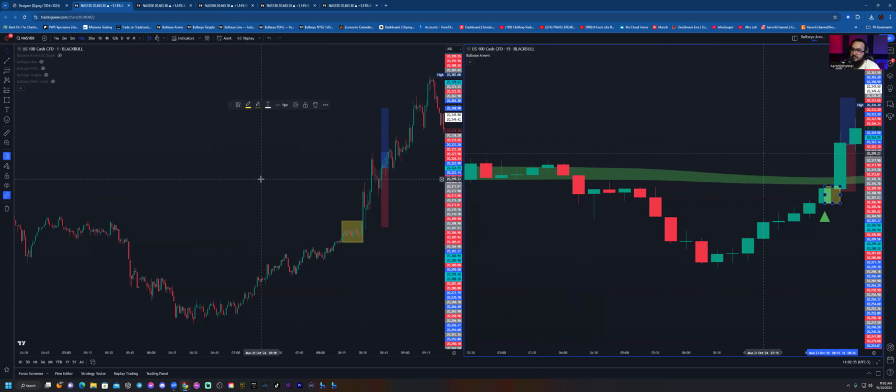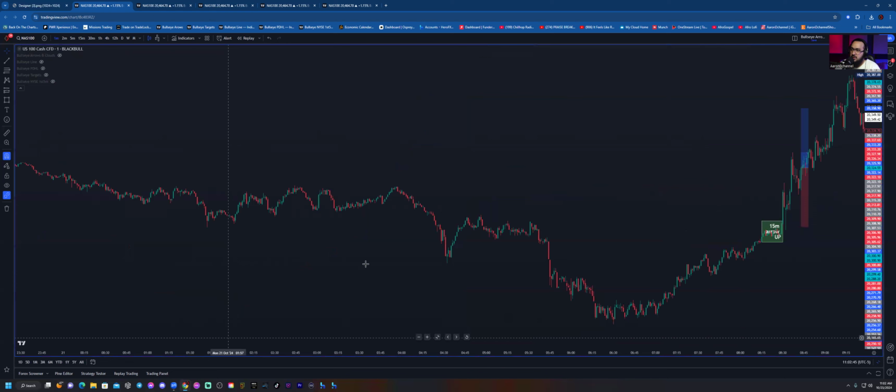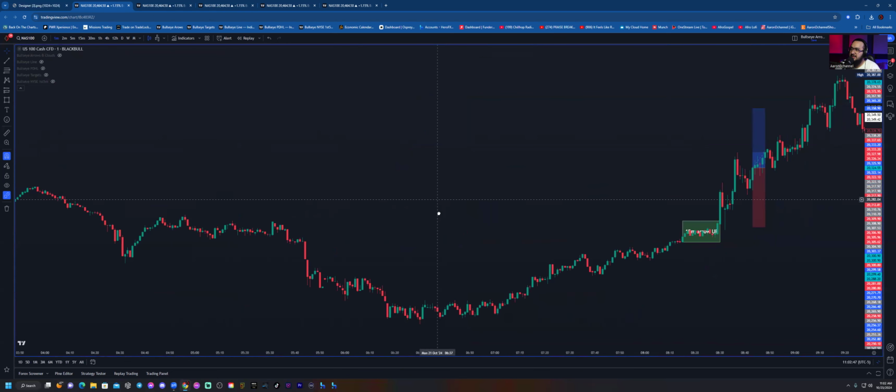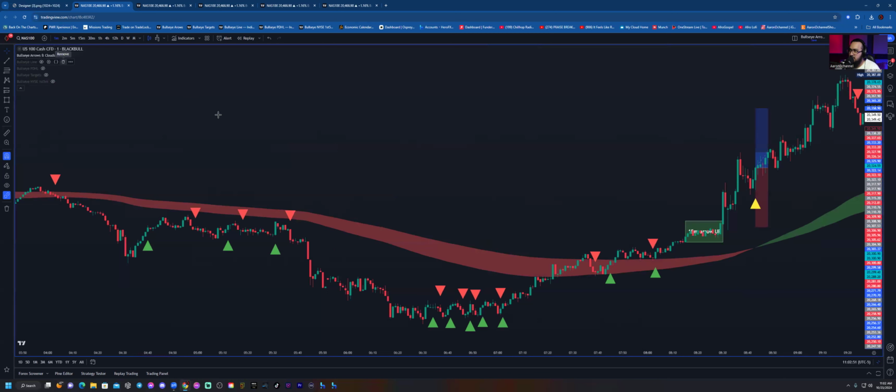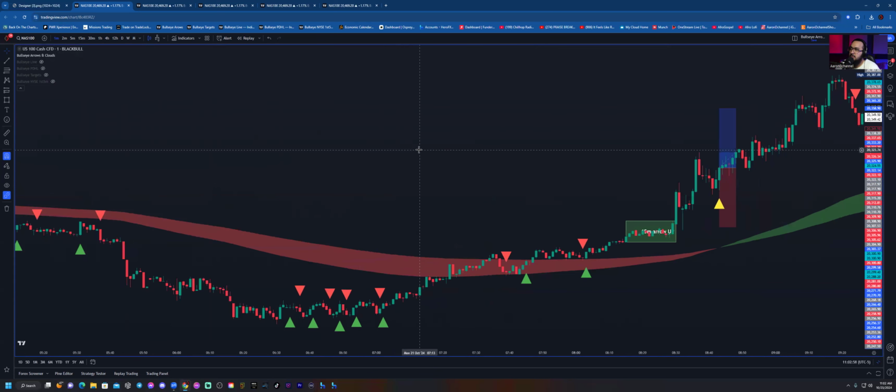So there is the green arrow, and there is the green cloud on 15. Now we'll go to the 1-minute time frame. Identify the cloud. The cloud is red, prior to 8:30. All right. What else?